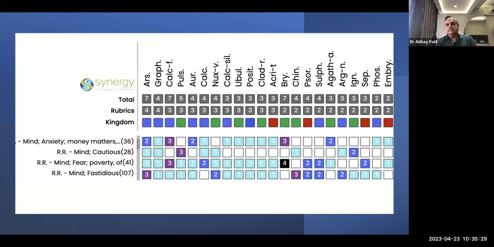So again, the same way you analyze your drug, you analyze your patient. Then out of the rubrics which you have seen, you will be putting any of these rubrics as 3 marks or 4 marks. So I've taken the synonym rubrics: anxiety about money matters, let's say mind cautious, fear of poverty, fastidiousness. The main drugs which are coming up are arsenic, graphites, calcarea fluorica. Calcarea also, pulsatilla is also coming up, but then the money part is not there in that case, and it is just 2 marks.